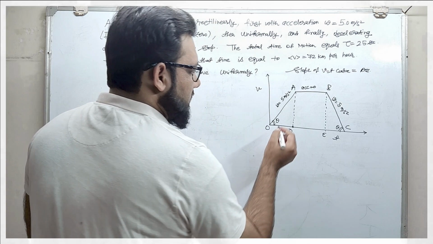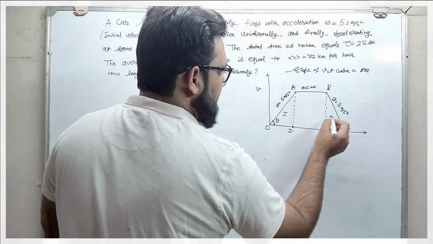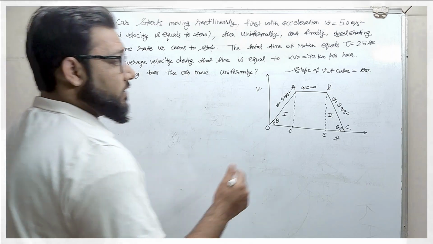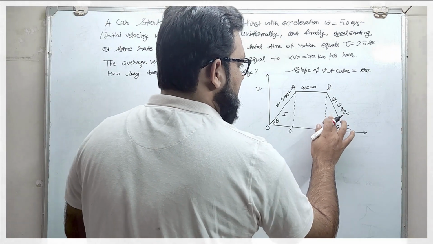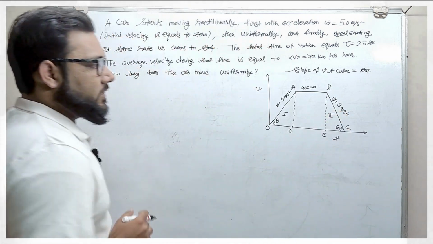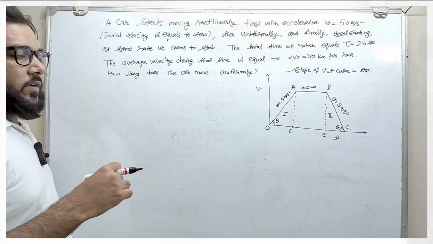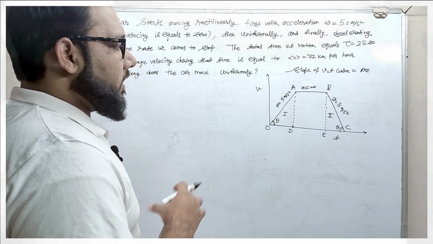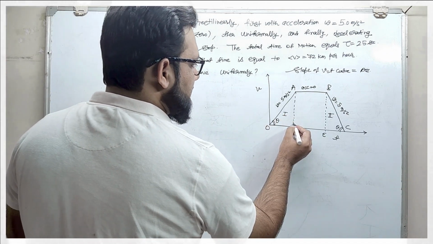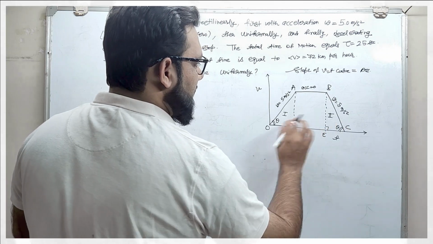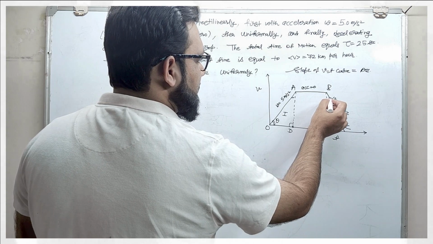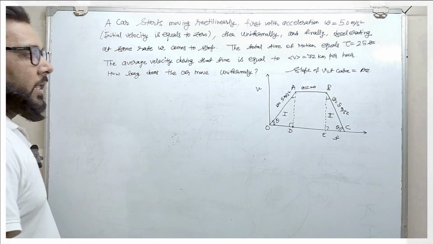So guys, this triangle, that is first, and that is second, will be similar triangles. Or we can say the area of triangle first and second will be the same, because this angle is theta, this is 90 degrees, so these two angles are the same, and that's why the third angle will also be the same.